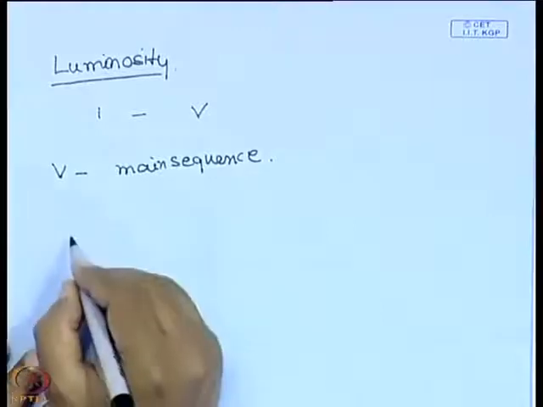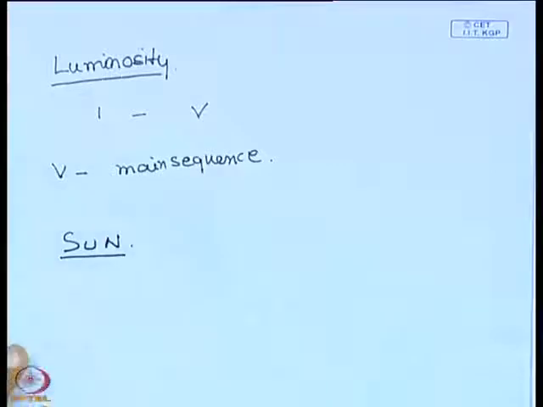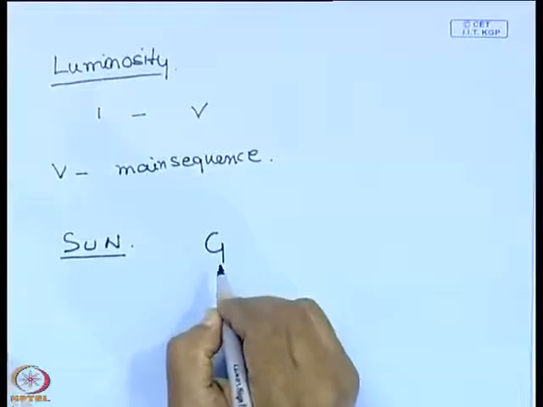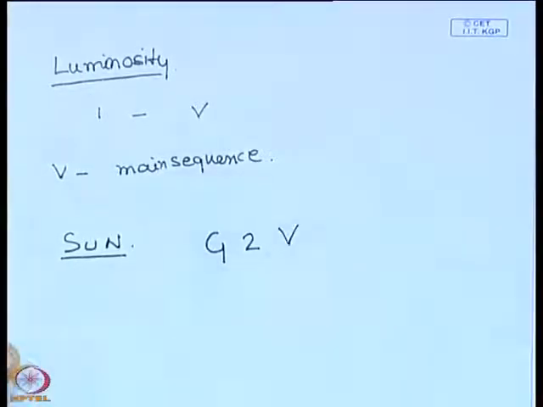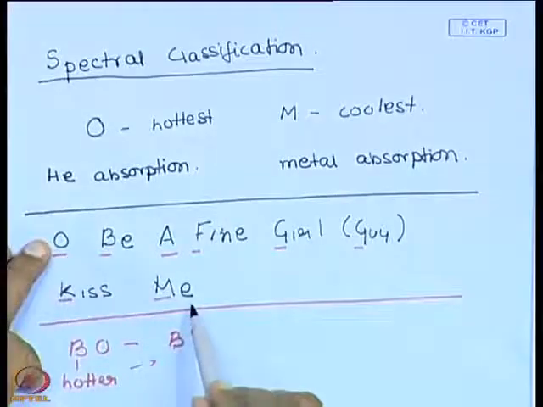So, the sun, for example, the sun is classified as G2 5. Okay, that is the classification of the sun. To just have a look, where does the sun lie? The sun is a typical star, very ordinary kind of star, and it is not a very hot star, neither is it a very cold star.